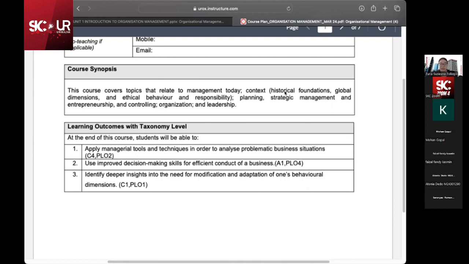Later, we are going to study it. We are going to communicate and interact with diverse kinds of people, so sometimes we need to modify our leadership skill or the way that we communicate to adapt to one's behavioral dimension.